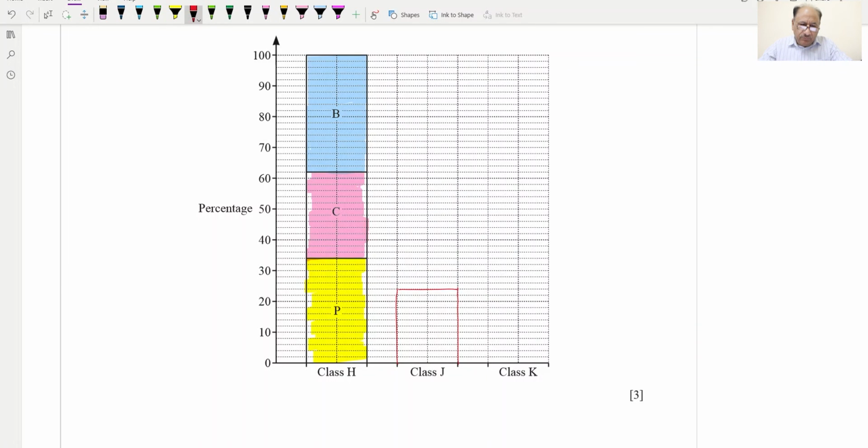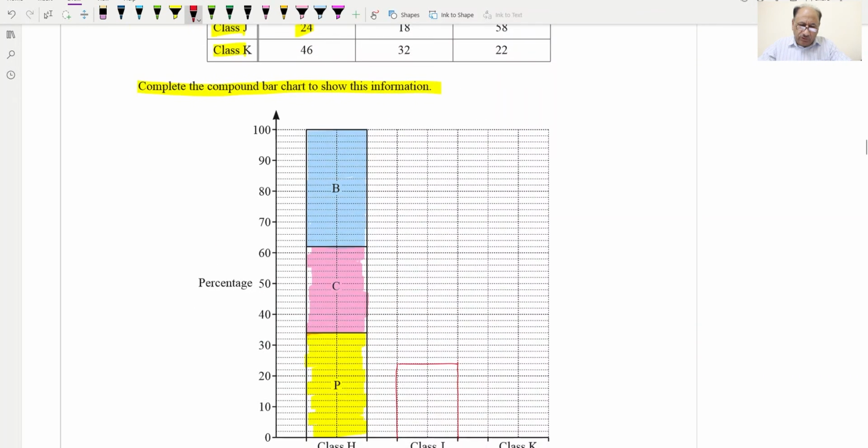Now 18 will be 9 spaces: 1, 2, 3, 4, 5, 6, 7, 8, and 9. So up to this line we draw this bar, and we can close this bar and remove this rough work.